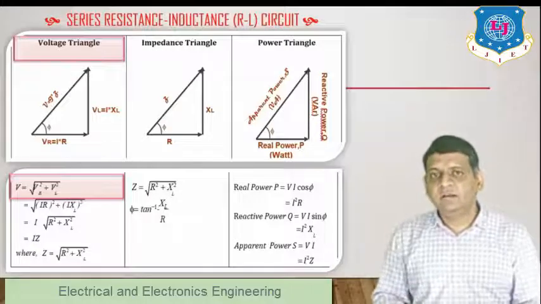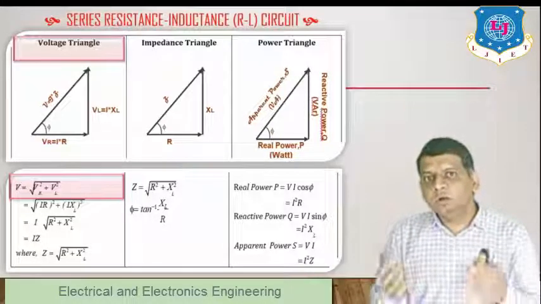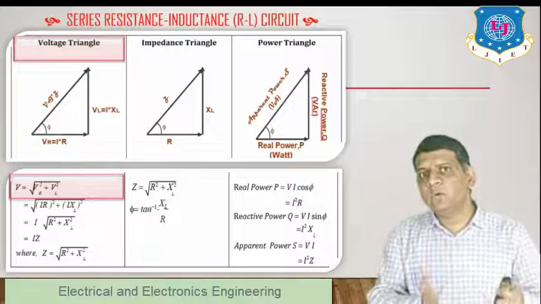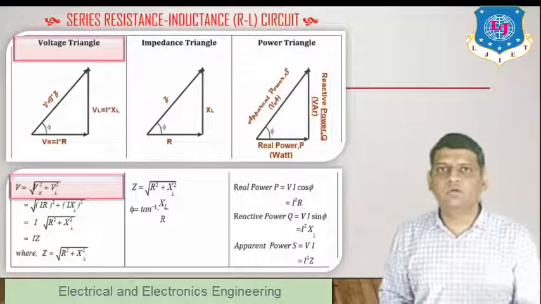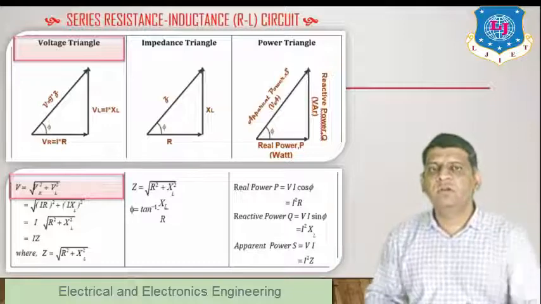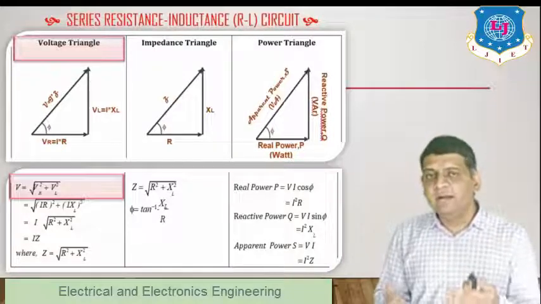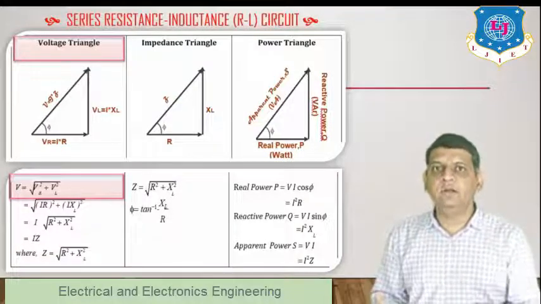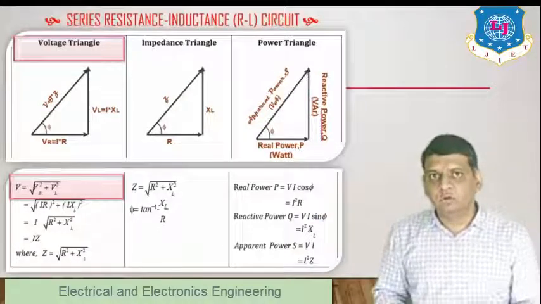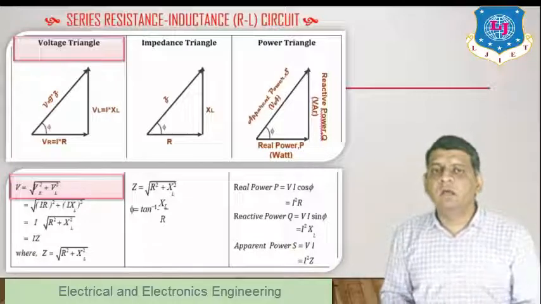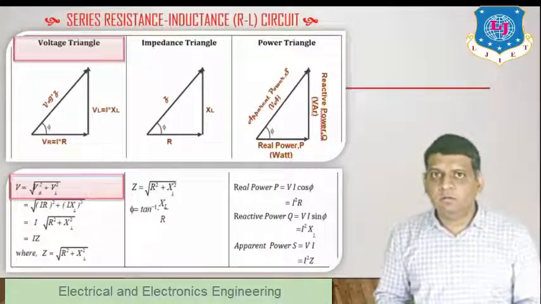Here I can replace the term under root R square plus XL square with Z. So Z is a new parameter, called the impedance of this RL series circuit, right? So my final equation is V is equal to I into Z. That's my diagonal magnitude, right? So from this I can write I is equal to V by Z, right?